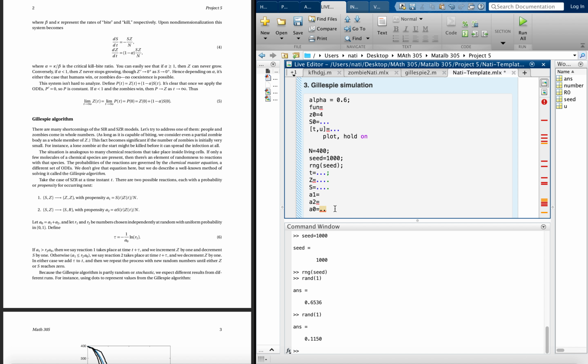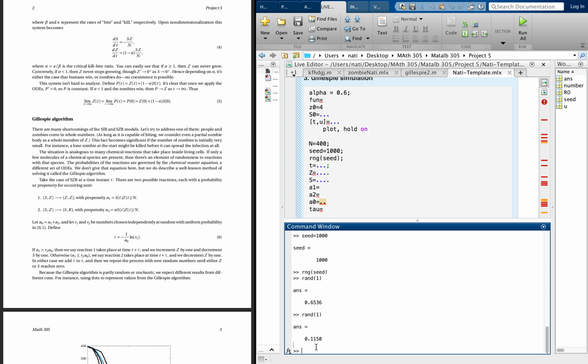You can go ahead then and calculate what your tau is. To calculate tau, just follow this equation: minus 1 over A0, natural log of R1, and R1 is just your random number. For this simulation, you're going to need two random numbers.